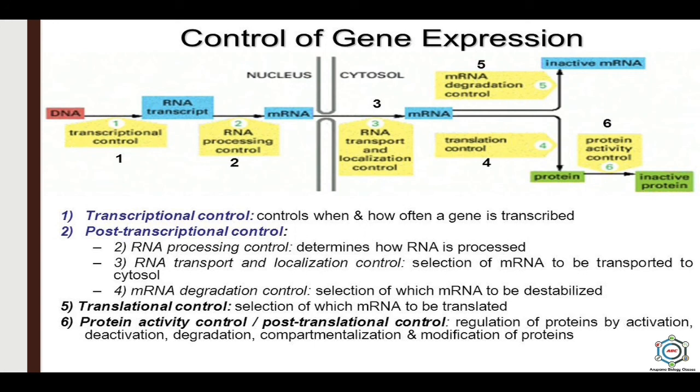The last is mRNA degradation control, the selection of which mRNA to be destabilized. Next is translational control, the selection of which mRNA to be translated. And next is protein activity control, or post-translational control, which is the regulation of proteins by activation, deactivation, degradation, compartmentalization and modification. So these are the steps at which the control of gene expression occurs.